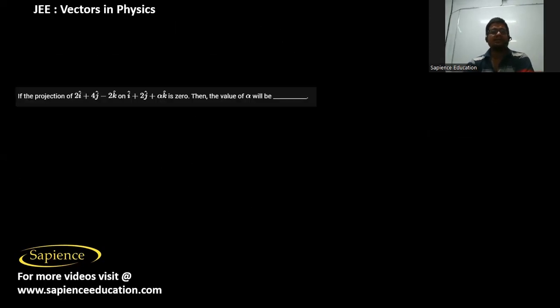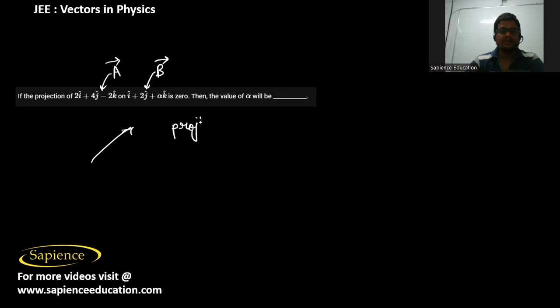Then here it is told that if the projection of this on this is 0, then find the value of alpha. Let's say this is vector A and this is vector B. Here it is told the projection of vector A on vector B is 0.